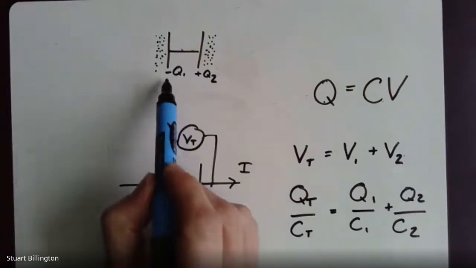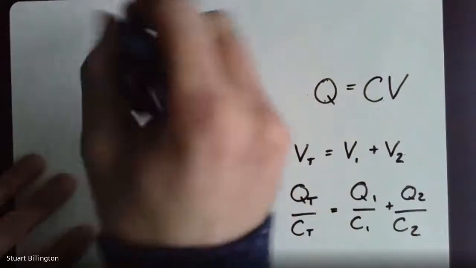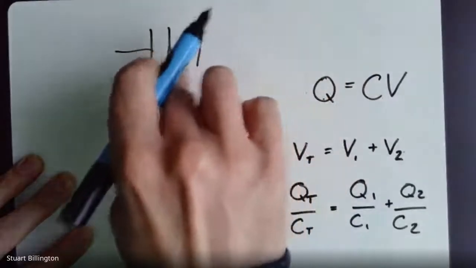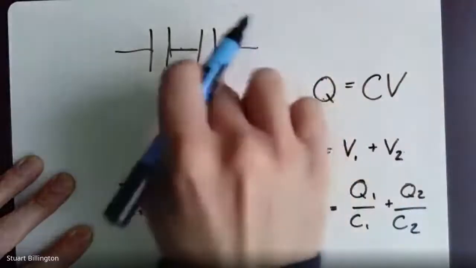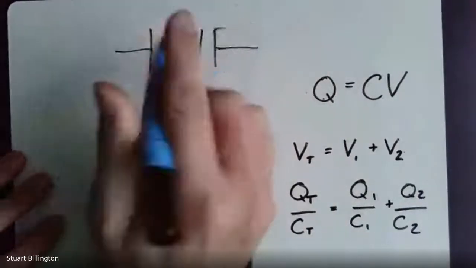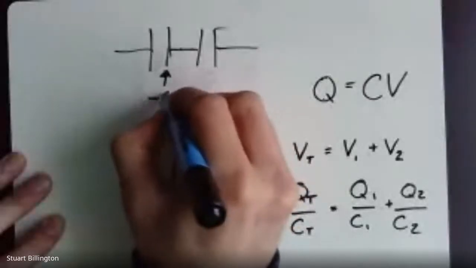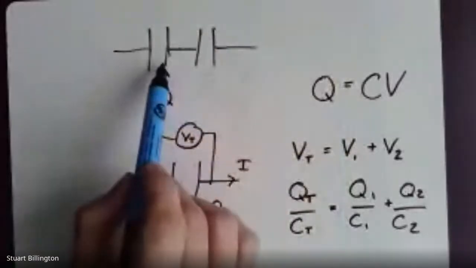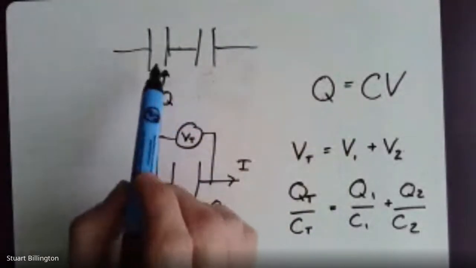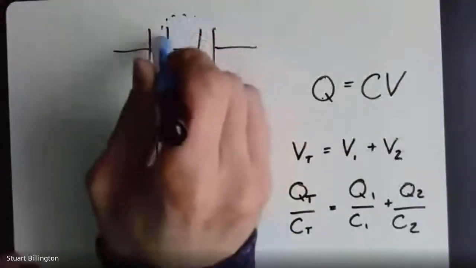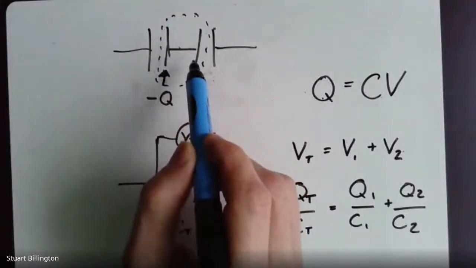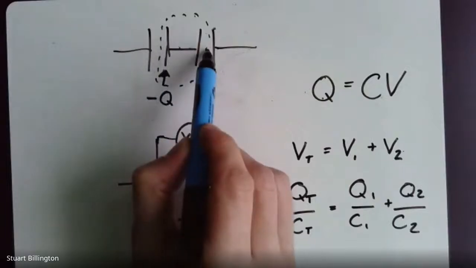Okay, there are some electrons on this plate of this capacitor. This plate here has got minus Q lots of electrons on it. But this plate is electrically insulated from everything in the universe apart from this plate over here, because there's a dielectric there and there's a dielectric there.